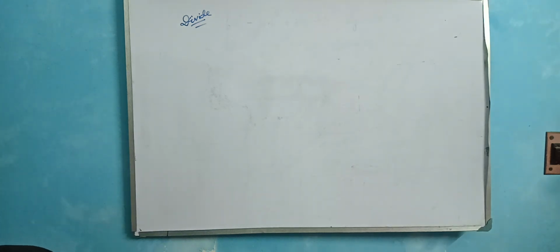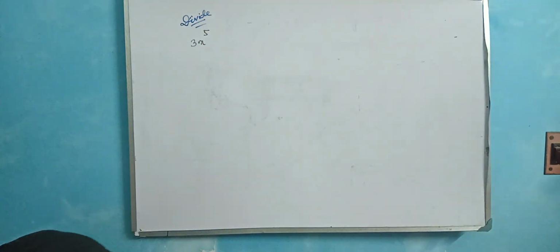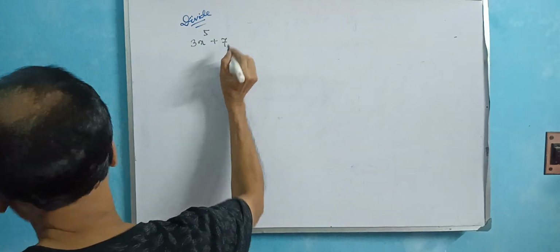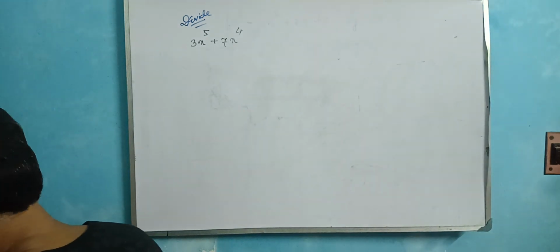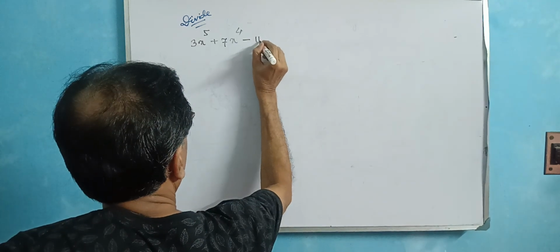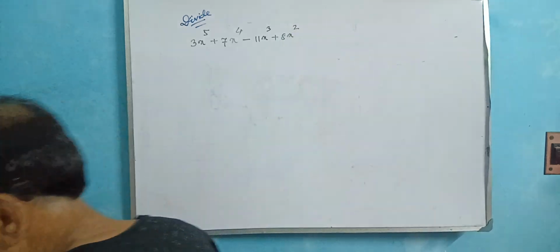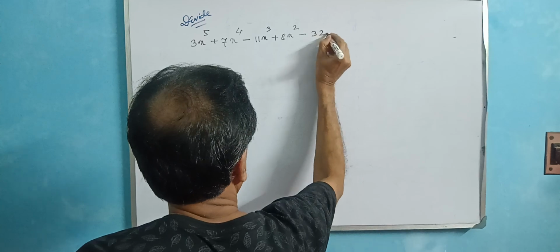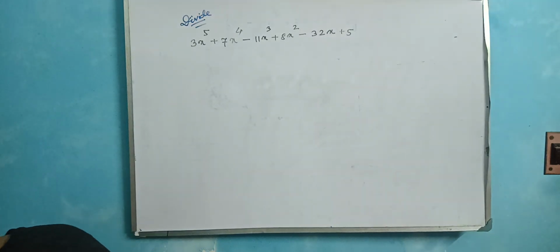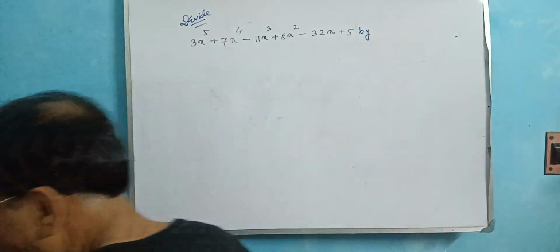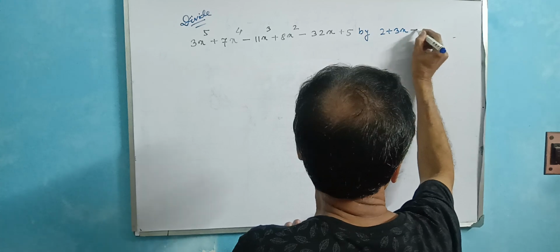Now the other sum is divide, is a long sum. Divide 3x to the power 5 plus 7x to the power 4 minus 11x cube plus 8x square minus 32x plus 5, and this divided by 2 plus 3x plus x square.